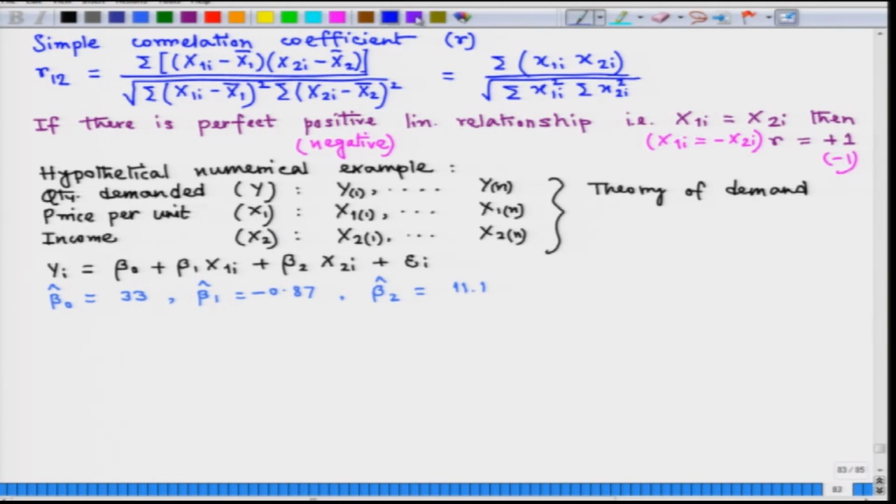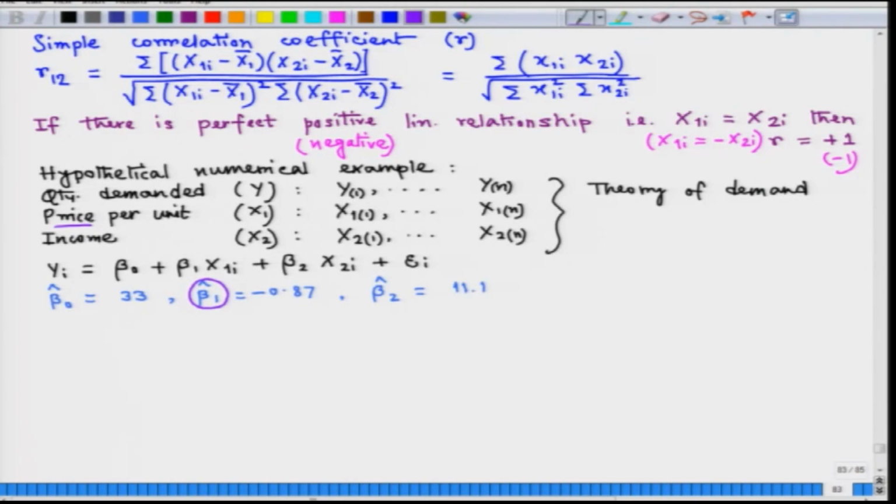Okay. So, here let us first concentrate on beta 1 hat. So, what does that mean? It means that if there is a unit increase in the price of the commodity, then what will be the impact on the quantity demanded. So, we know that the law of demand states that there is an inverse relationship between price of a commodity and quantity demanded of that commodity.